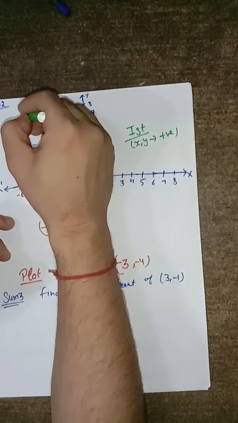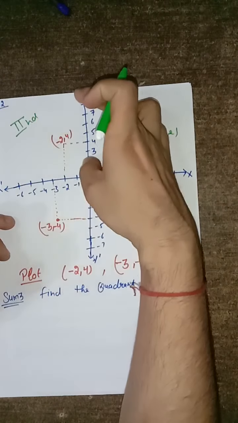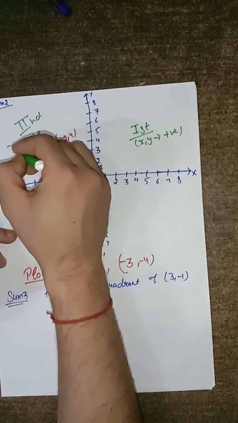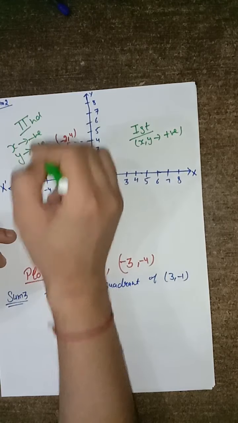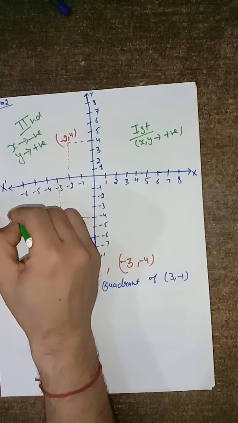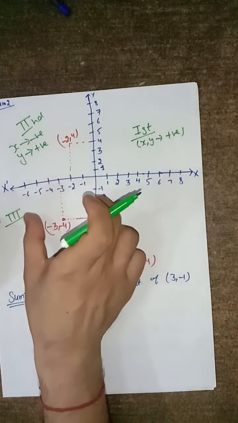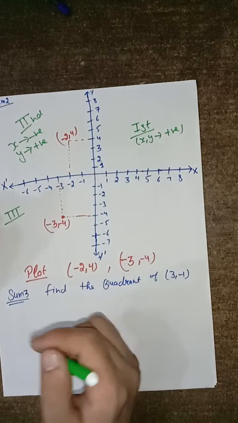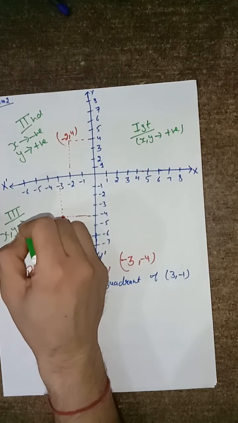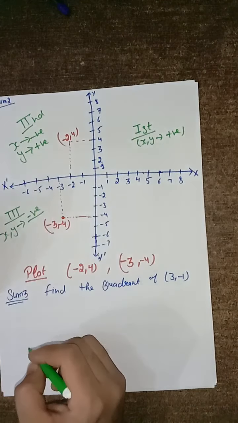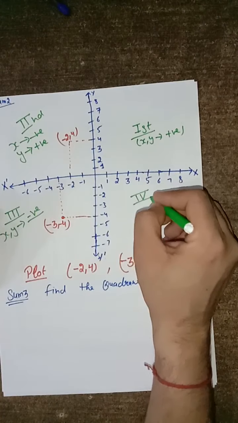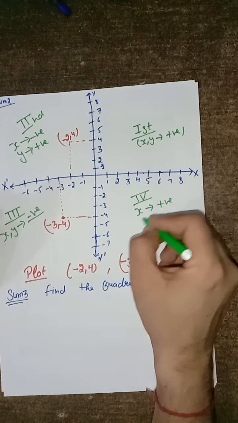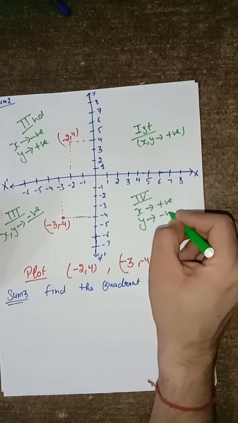And in second quadrant, my y-axis is positive and x-axis is negative. X is negative and y is positive. And for third quadrant, my x-axis is negative and also y-axis will be negative, means x and y both are negative. And for fourth quadrant, our x-axis is positive while y-axis is negative.